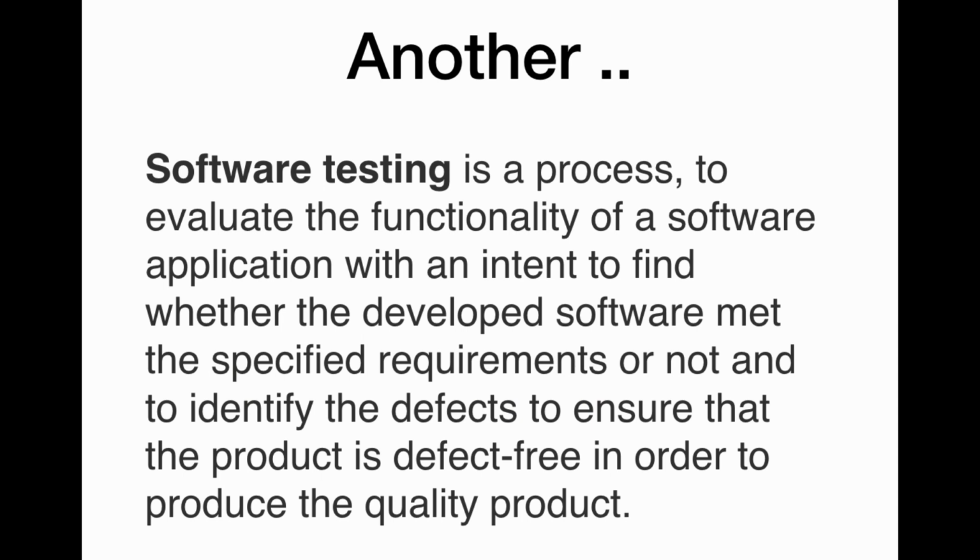Then another definition: software testing is a process to evaluate the functionality of a software application with an intent to find whether the developed software met the specified requirement or not, and identify the defects to ensure that the product is defect free in order to produce a quality product. So here there are two ideas: ensure the product met the requirement, and find defects and make sure it's defect free. This is what they are trying to tell you.